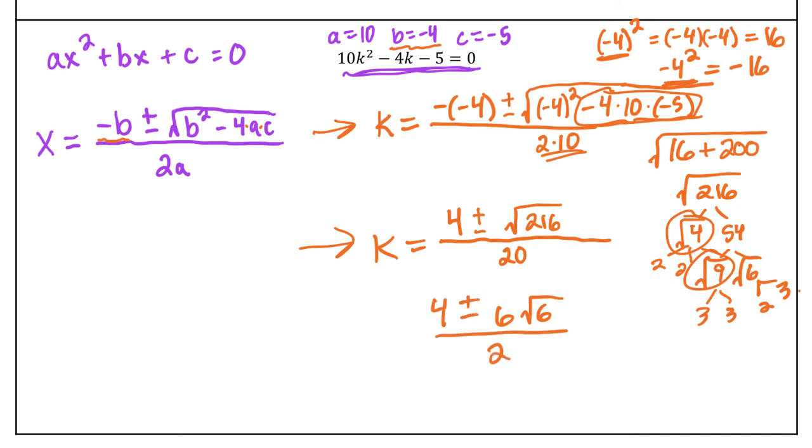Now, this probably looks like a thing that should not be an answer. And it's not quite the answer, but we're actually really close. There are things we could do to this. We can separate it out into 2 different things, which we will in a second. We could actually also separate it into 2 different fractions.